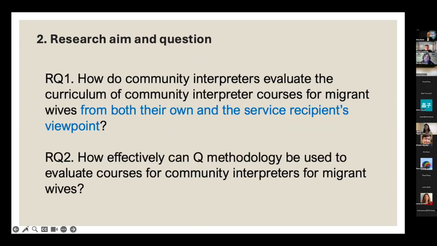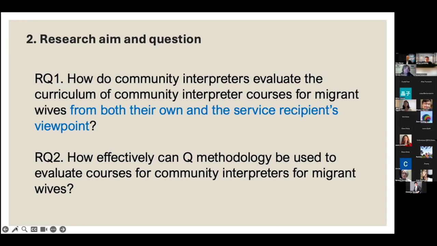There are two research questions. First is, how do community interpreters evaluate the curriculum of community interpreter courses for migrant wives from both their own and the service recipients' viewpoint? Second is, how effectively can Q methodology be used to evaluate courses for community interpreters for migrant wives?